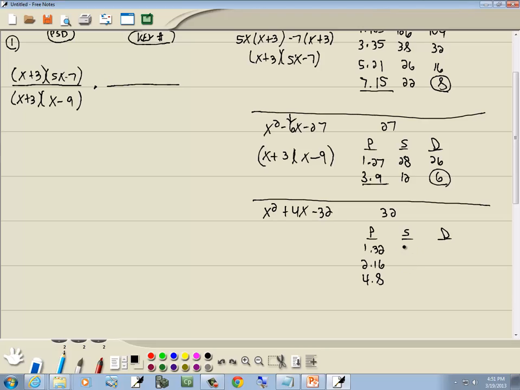Add them. 1 plus 32 is 33. 2 plus 16 is 18. 4 plus 8 is 12. Subtract them, smaller from larger. 32 minus 1 is 31. 16 minus 2 is 14. 8 minus 4 is 4. The number we're looking for is the number in the middle term, which is the 4. So we're going to use 4 and 8.